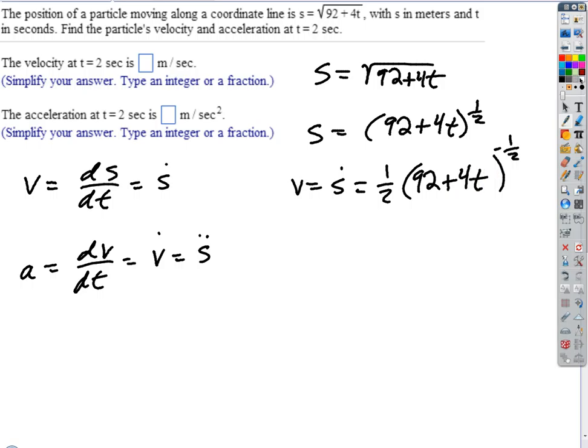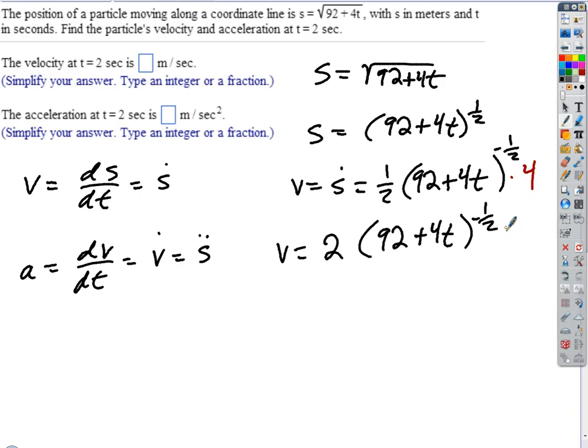What's the derivative of the inside layer? 4. Good, 4 times 1/2 is just 2. And so we end up with v equals 2 times the quantity 92 plus 4t to the minus 1/2. We'll just leave that there for a second and come back to that.